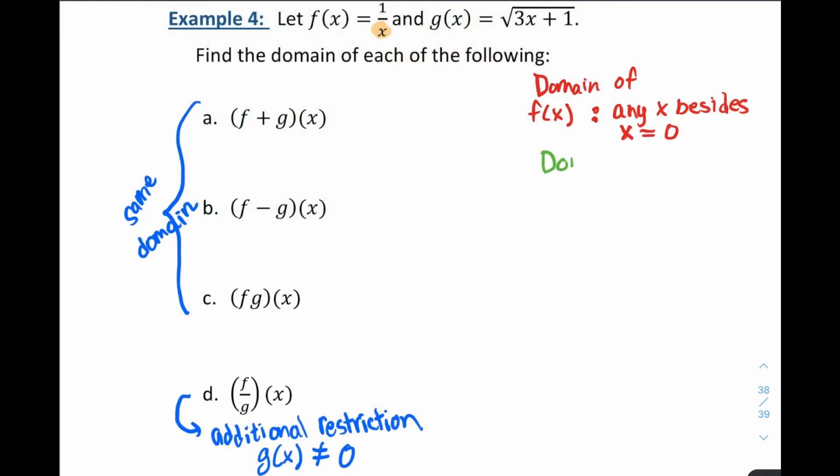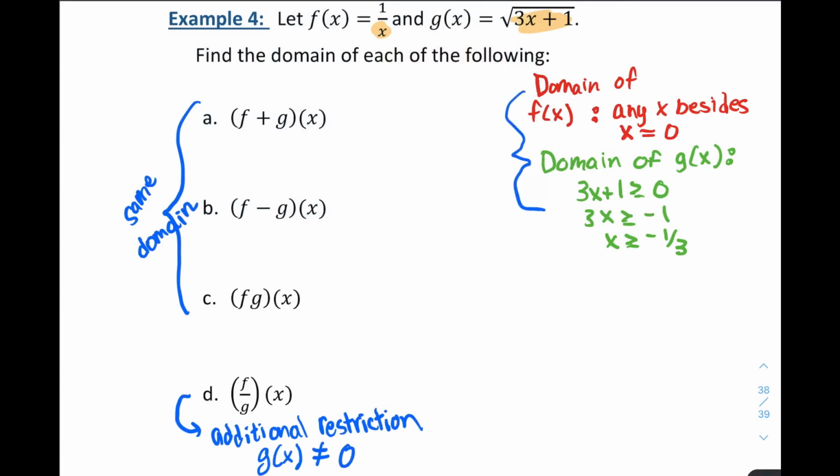Anything else will work. For g of x, we've got the square root of 3x plus 1, so it's an even radical, which means we need the values inside of it to be greater than or equal to 0 to get real numbers. Let's write our inequality and solve it. Subtract 1, divide by 3. We need our x values to be greater than or equal to negative 1/3 to give us real numbers out for that one.